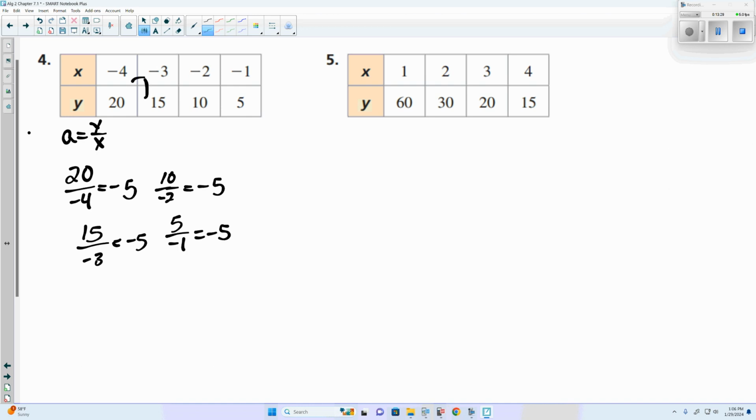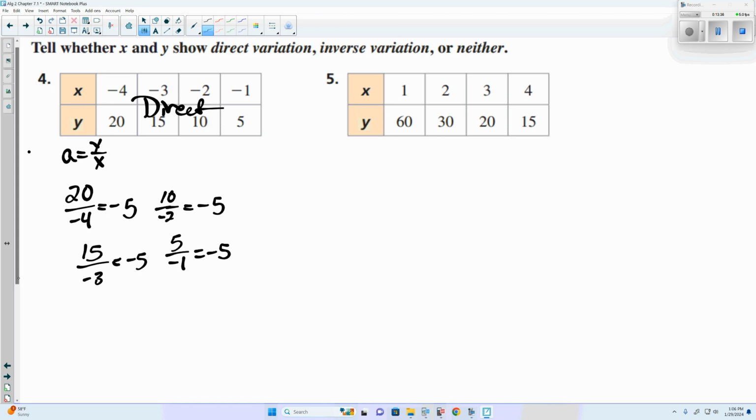So this is direct, because we got the same value of a for all 4. Now if we wanted to write the equation for direct, y is equal to a times x, it'd be y is equal to negative 5x.